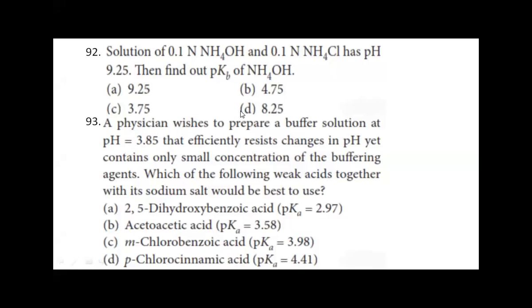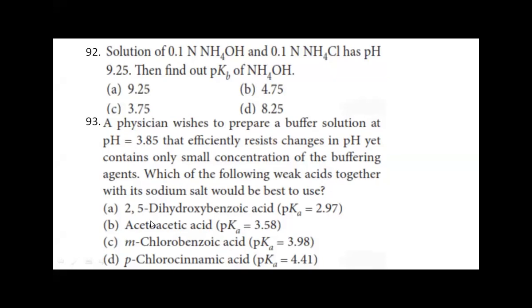Next question. A physician wishes to prepare a buffer solution at pH 3.85 that efficiently resists changes in pH, yet contains only a small concentration of the buffering agent. Which of the following weak acids together with its sodium salt would be best for the use?